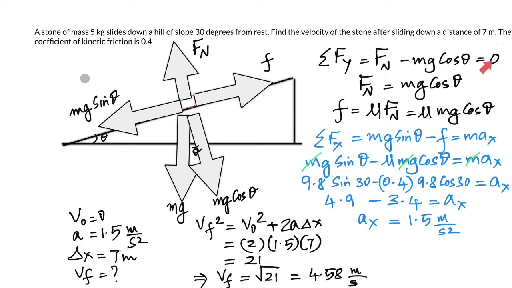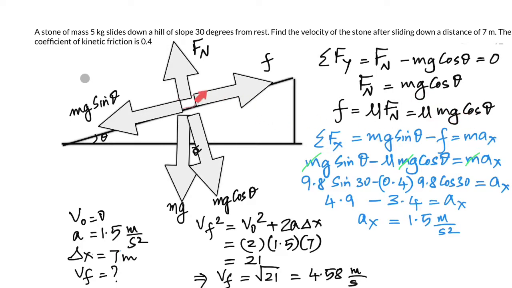When you rearrange that, you get Fn is equal to mg cosine theta. Fn is the same as mg cosine theta. Is that clear? And friction is given by mu times Fn, which is mu times mg cosine theta, because Fn is mg cosine theta.